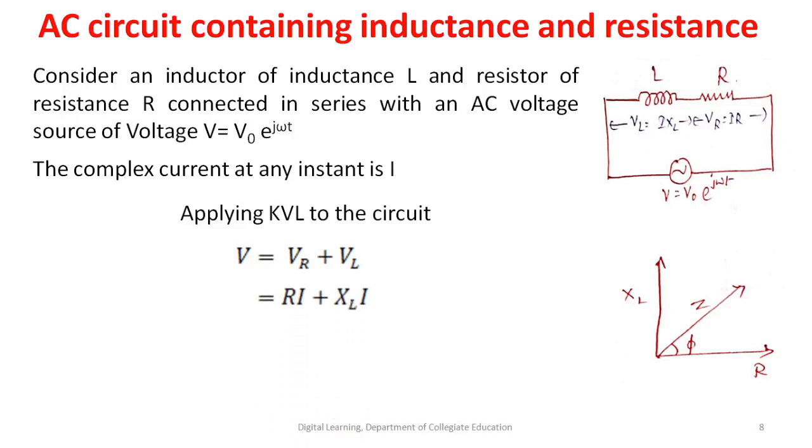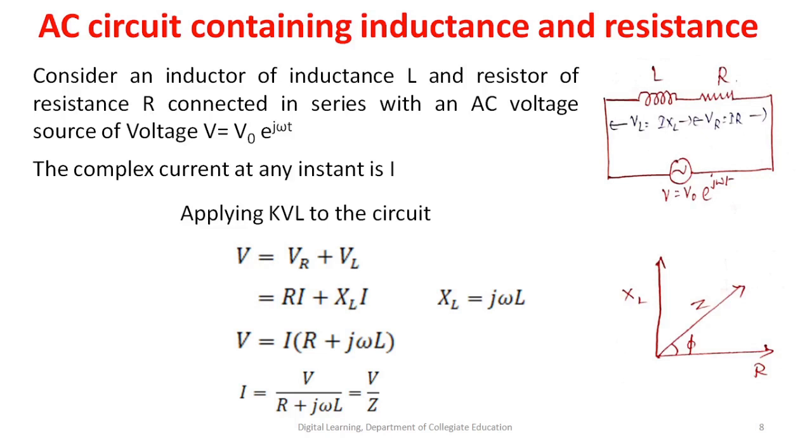We know that VR is equal to I into R and VL is equal to I into XL. Here R is the resistance and XL is the inductive reactance. But we know that XL is equal to j omega L in complex form. Therefore, V is equal to I into R plus j omega L.